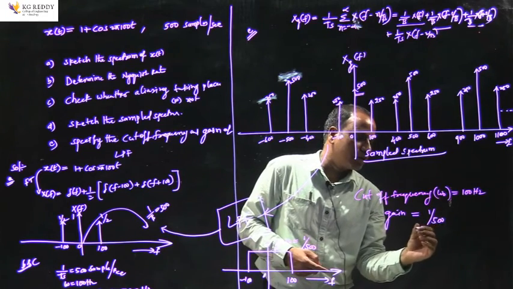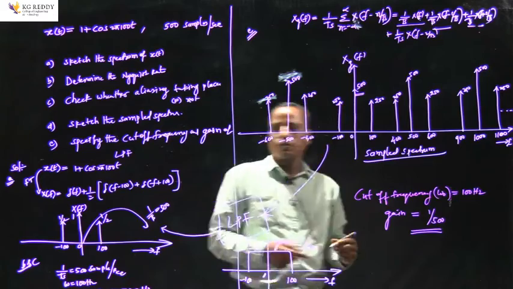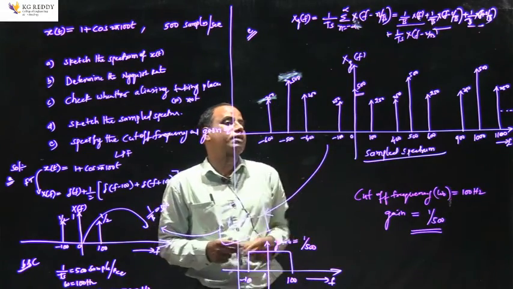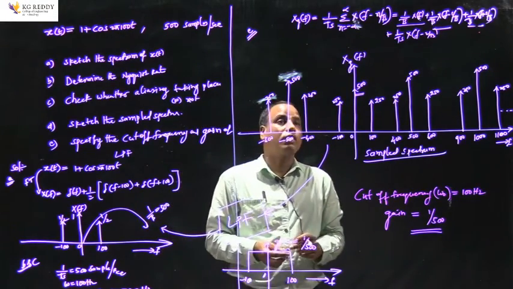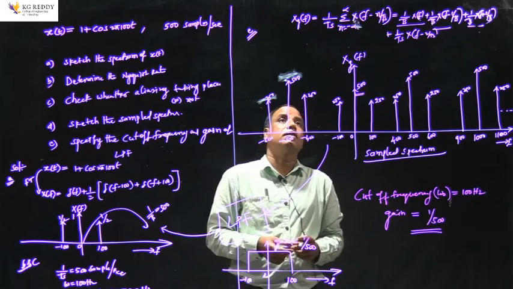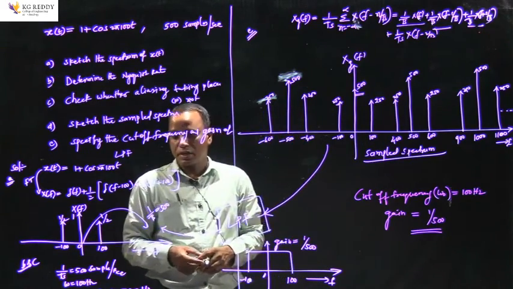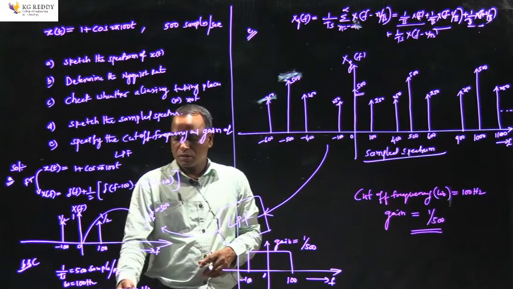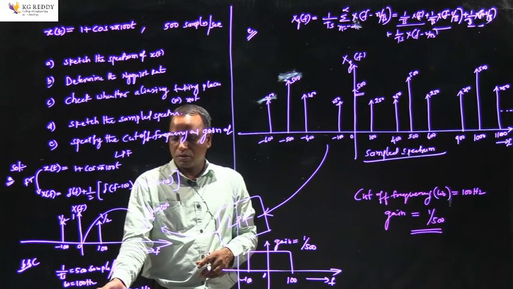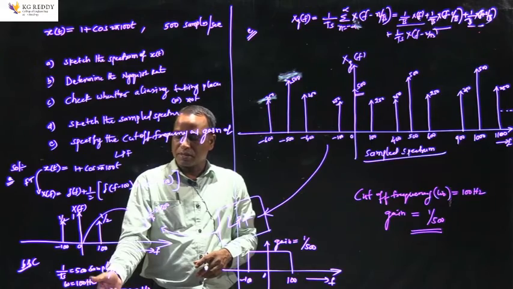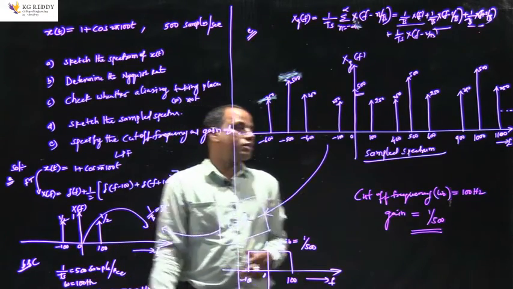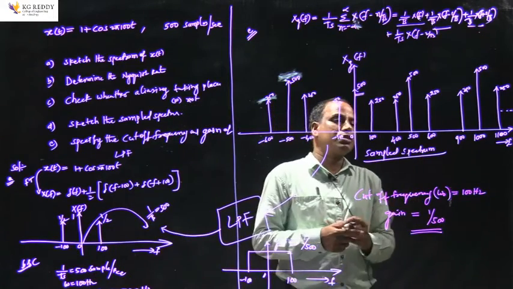Then only we can reconstruct the original spectrum from the sample spectrum. So this is the way we can sketch the spectrum after the signal is sampled. We are not coming across the aliasing effect here. That's the reason there is no overlapping of frequencies in the spectrum.